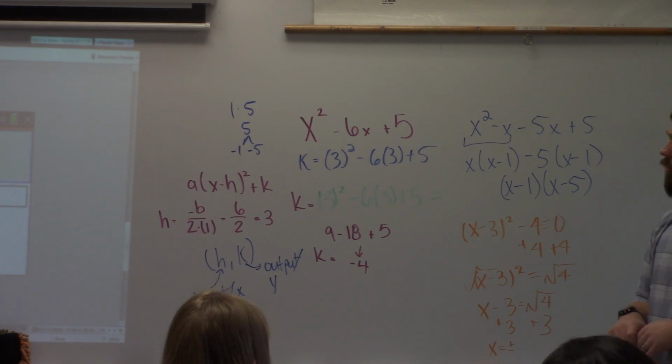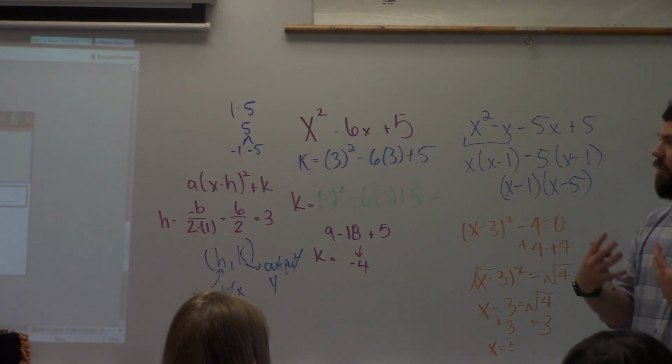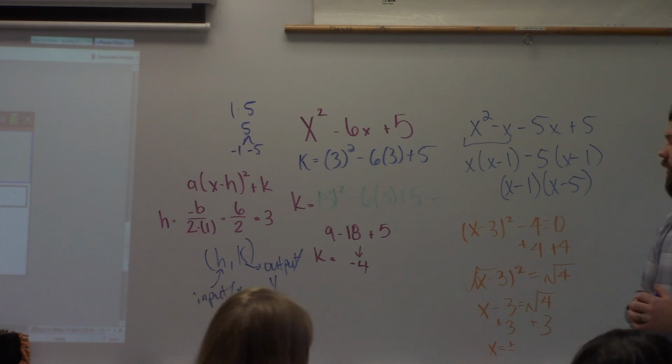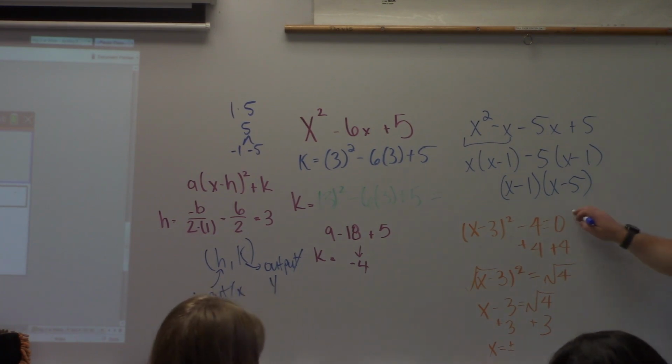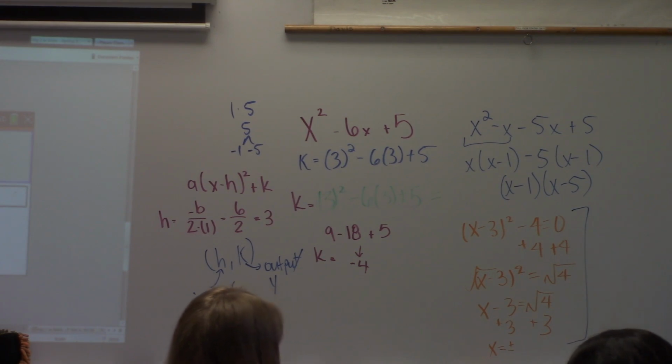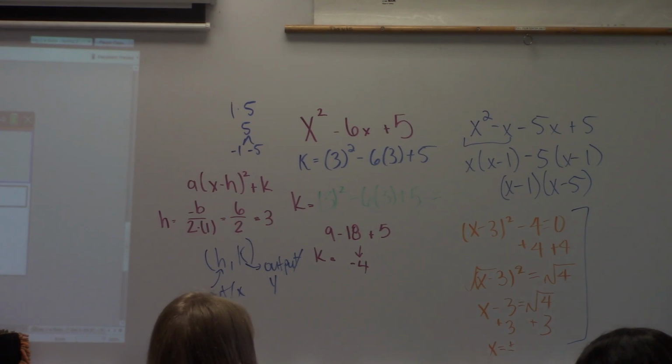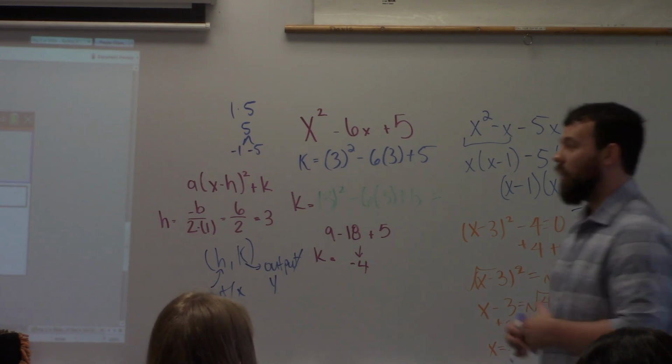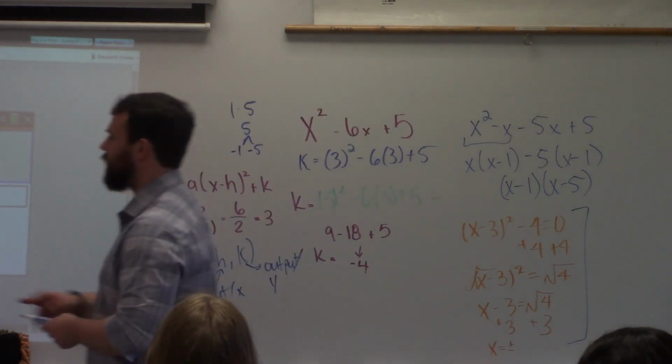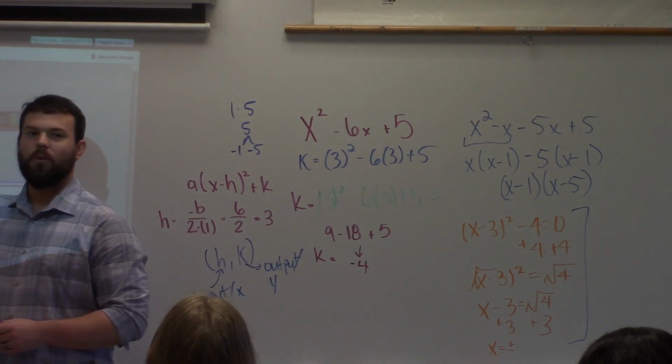Now, around the room, I am seeing a common mistake that we need to be careful of. Right here. This is where the error is. What's the problem with this? Well, you're not supposed to solve. You didn't ask for that. Not only did I not ask for that, look at this. Where's the equation?